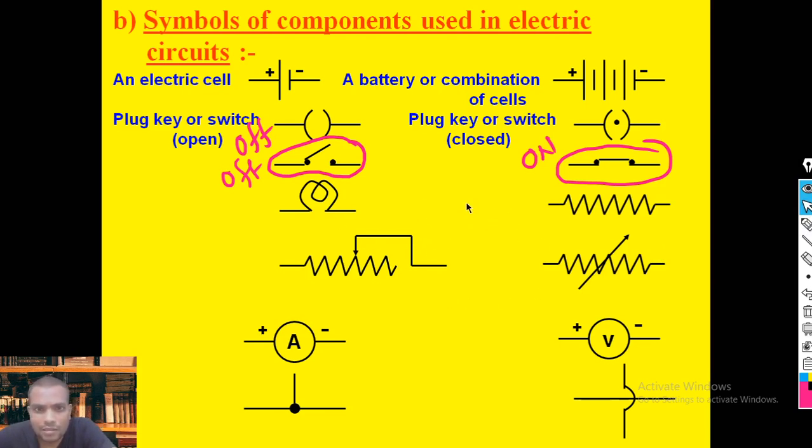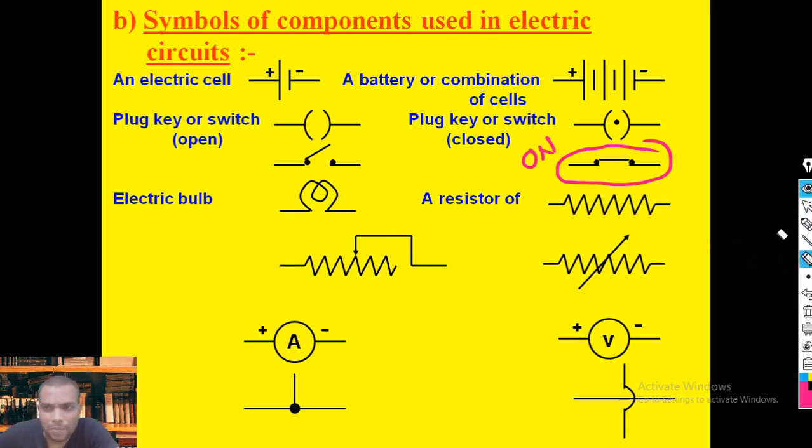Now the next one is the electric bulb. To represent an electric bulb we don't draw the bulb as it is; we represent it just like a filament diagram. So this is the electric bulb filament. Here I am introducing a new character, known as a resistor.